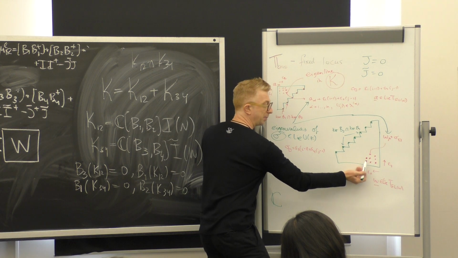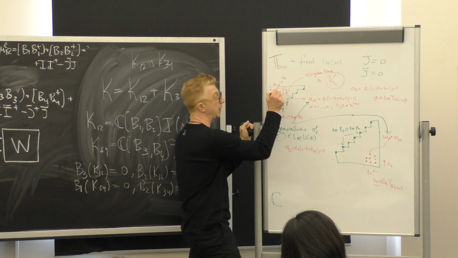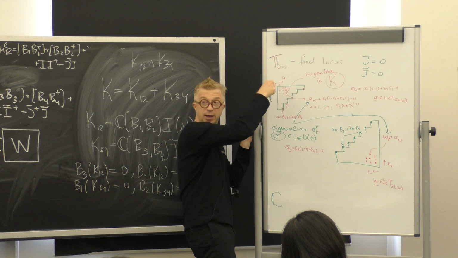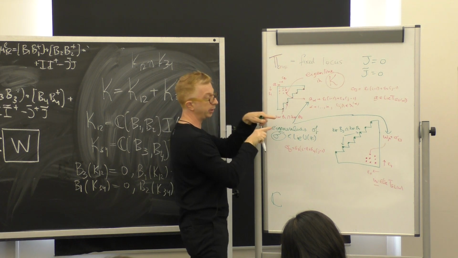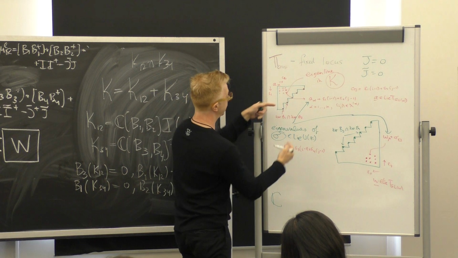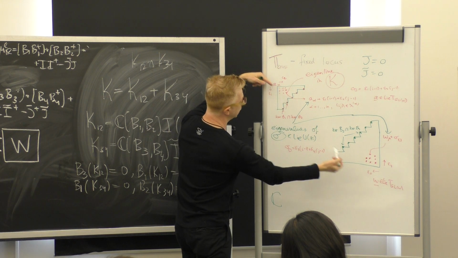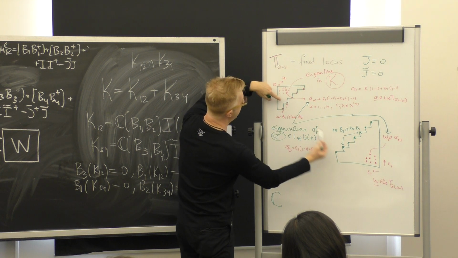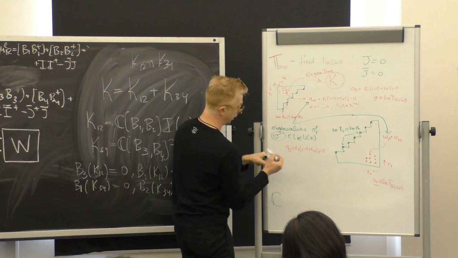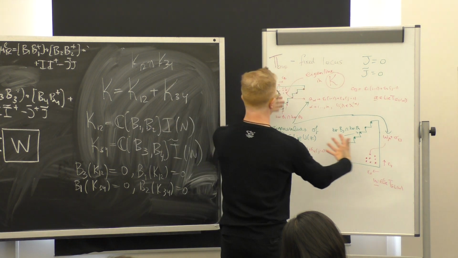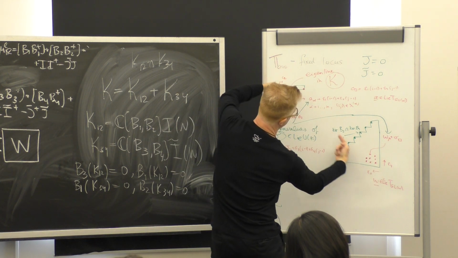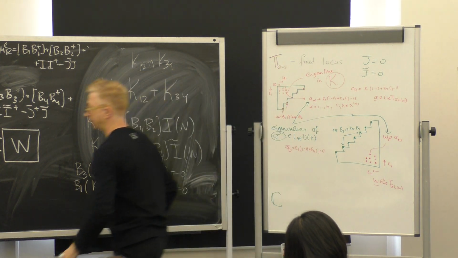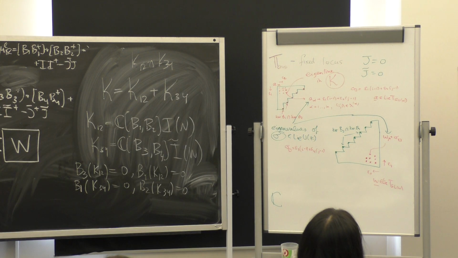They shift you by one position to the left or up. And here B1 and B2 shift one position to the right or down. So only when you reach the corner are you killed. And so only those vectors which are killed by B1, B2 can actually happen to be the same vector as here. And so that's where the kissing occurs. So you move these things, and then they start kissing at some position.